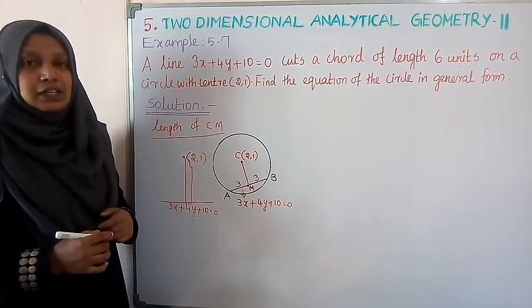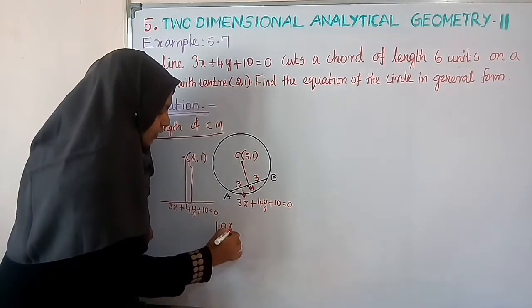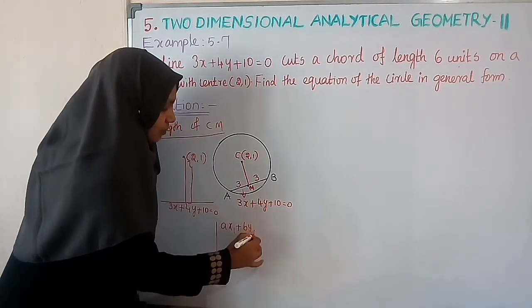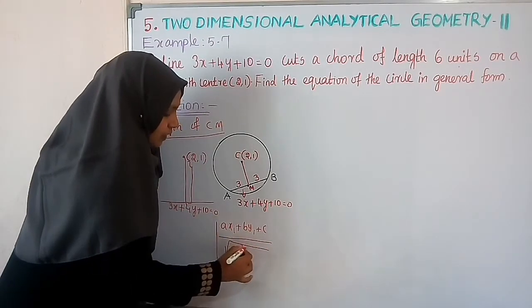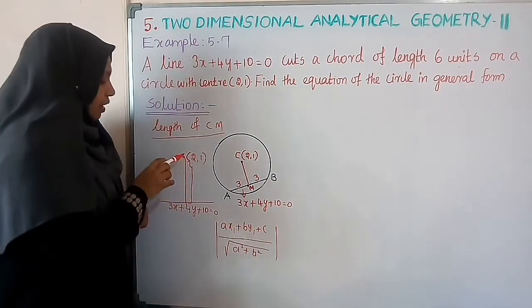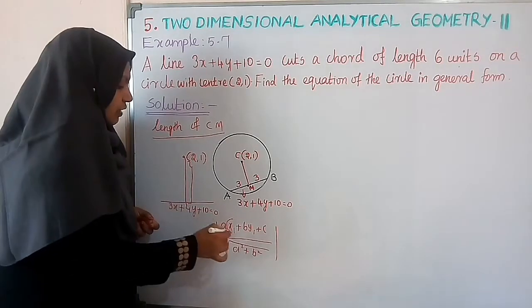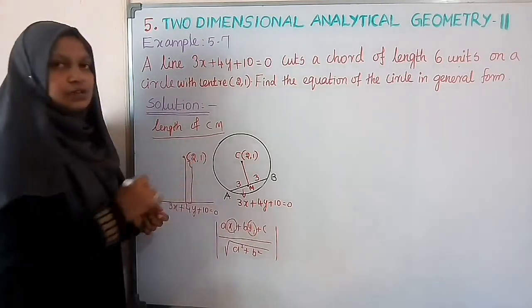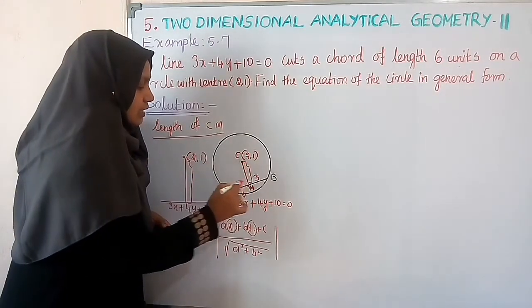Yes, we know a formula to calculate this. It is ax1 plus by1 plus c divided by root of a square plus b square, to calculate the perpendicular distance from the point to the line. Okay, here x1 y1 is the point. Okay, so using this formula we can calculate this distance CM.